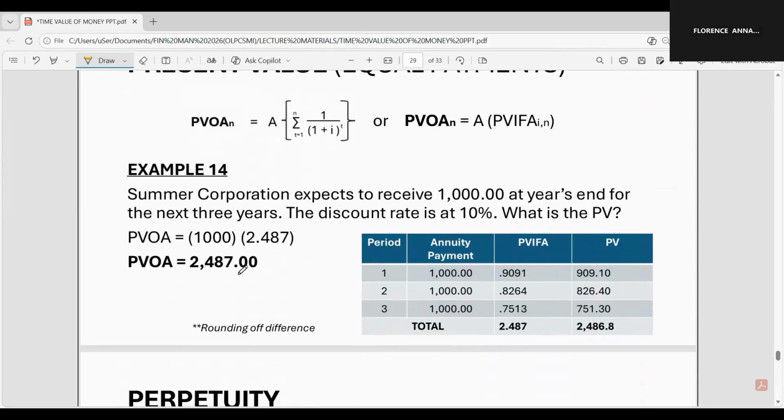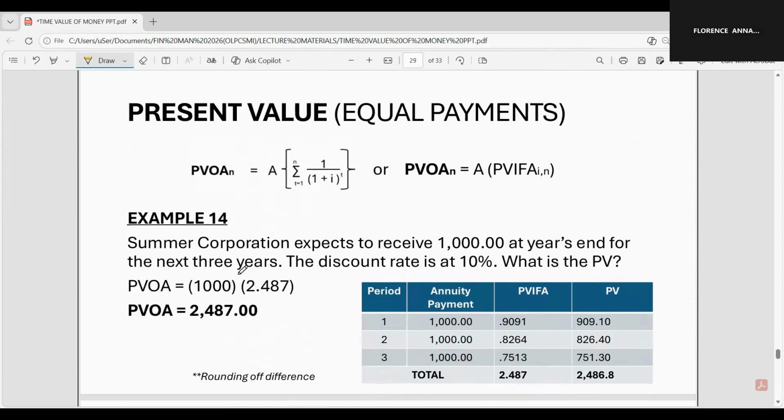Okay? What about computation of your present value with equal payments? So, that is just your present value of ordinary annuity is equal to your annuity times your PVIFA, or your present value interest factor of annuity at interest and time period.